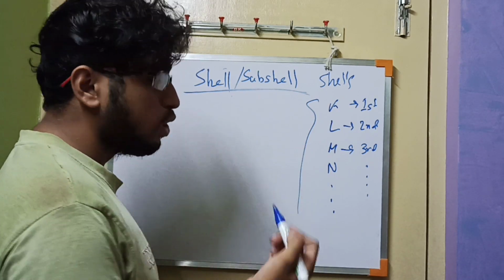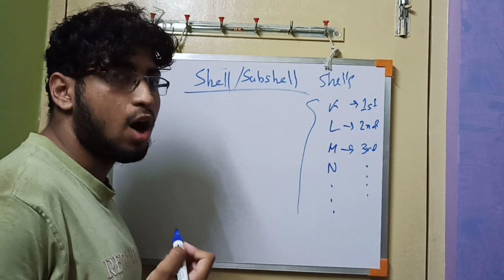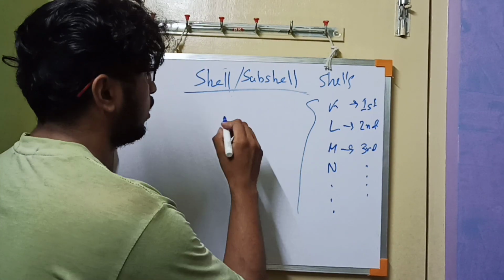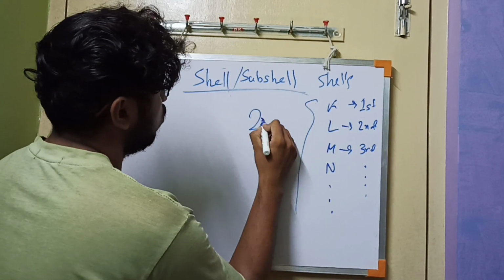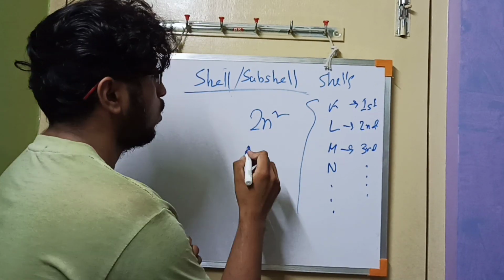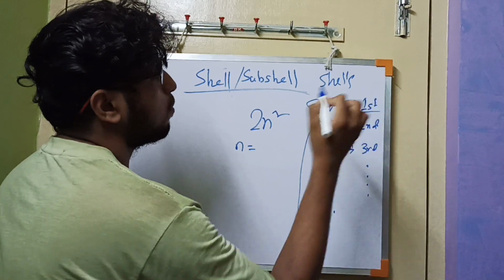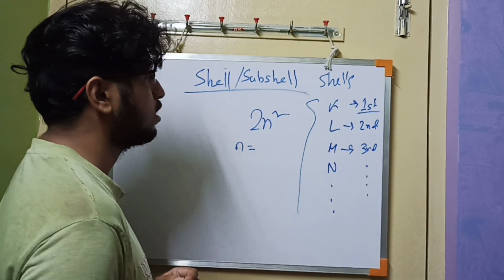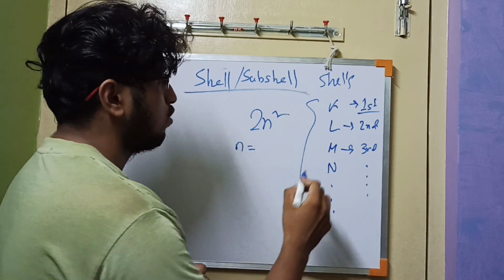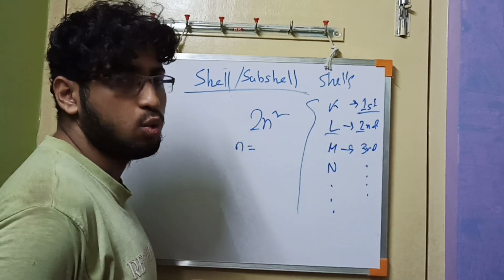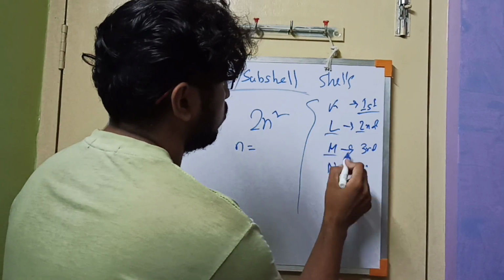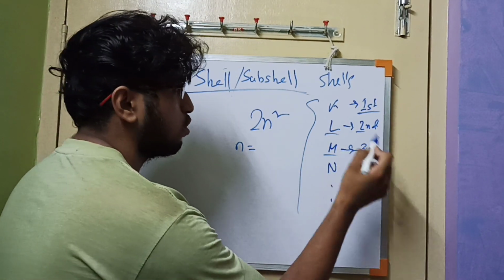Now we all know how many electrons a shell can carry. There is a formula, 2n square, and as we know, n is the number of the shell. That means for K, n equal to 1, for L, n equal to 2, that means the position or the serial. For M, n equals 3.